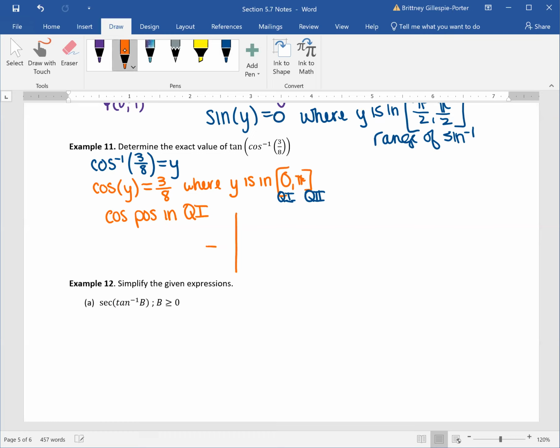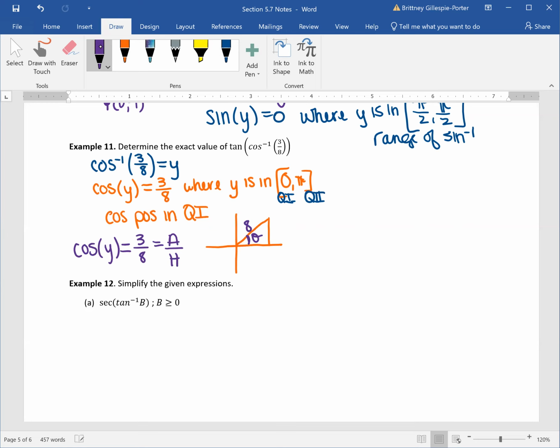So if we set up Q1 with our angle, remember that cosine is equal to adjacent over hypotenuse, which means that we have 8 on the hypotenuse. There's our angle. And 3 next to us. We have a right triangle.